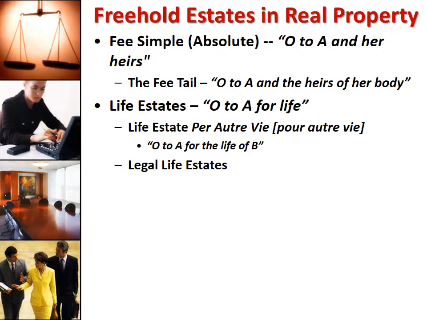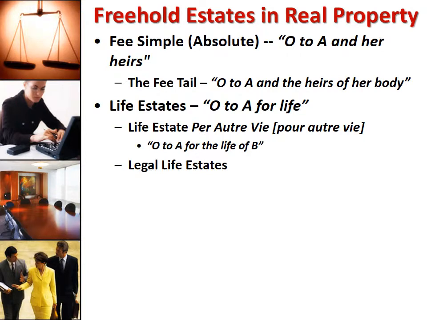These were life estates created by marriage. Most of them read O to A, so long as he or she is married to B. We don't want people to stay married simply to retain property.